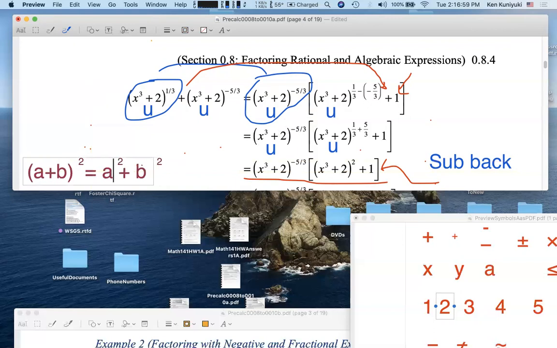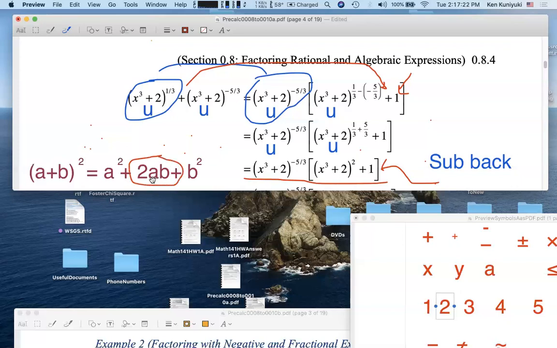Okay, don't miss the middle term. It's a squared plus what? Plus 2ab plus b squared. The square of a plus b is not a squared plus b squared. It's a squared plus 2ab plus b squared.